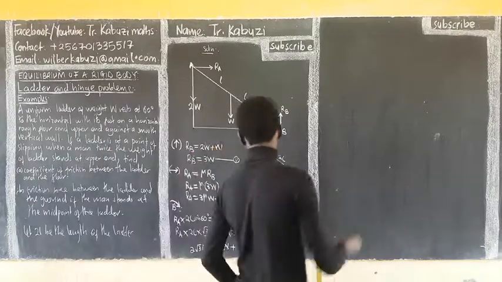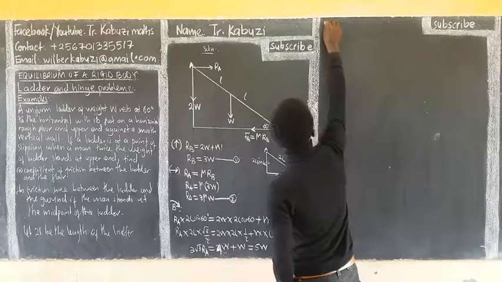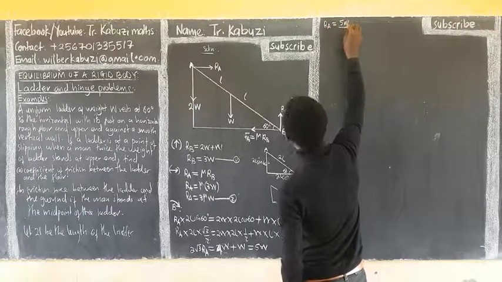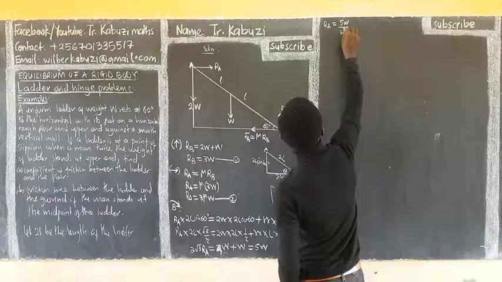So it means that now my RA is going to be 5W divided by 2 root 3.